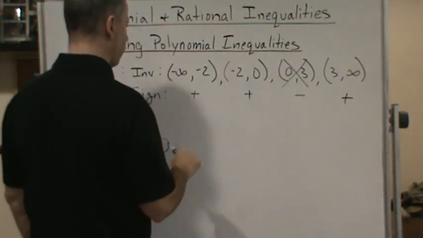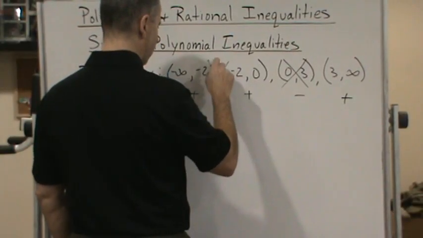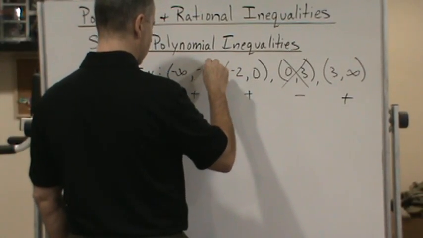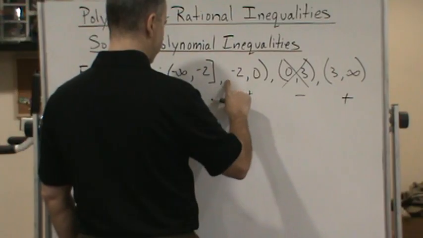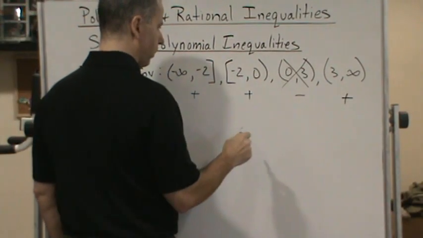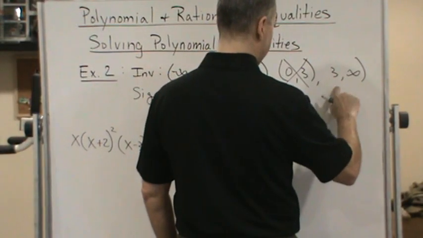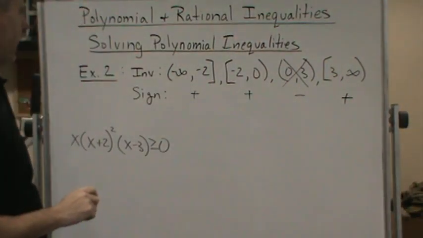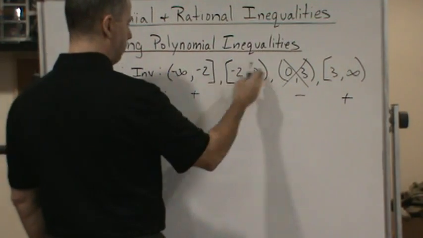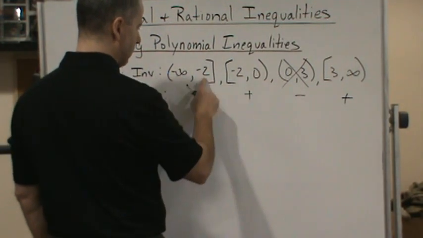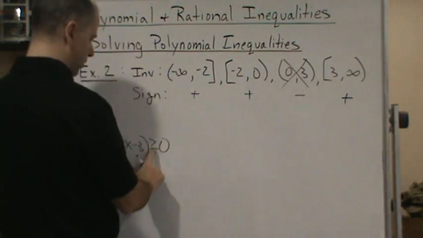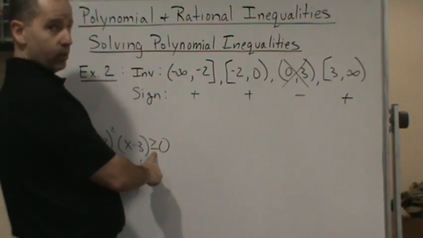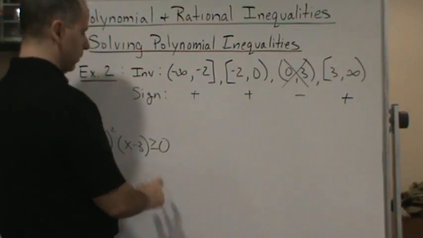So that means we're going to include the endpoints for this one because we're including the equals, right? So if it's equal to 0, it's okay. Now these intervals are both positive all the way around, except at negative 2 where it's 0, but that's okay because we're accepting equals.